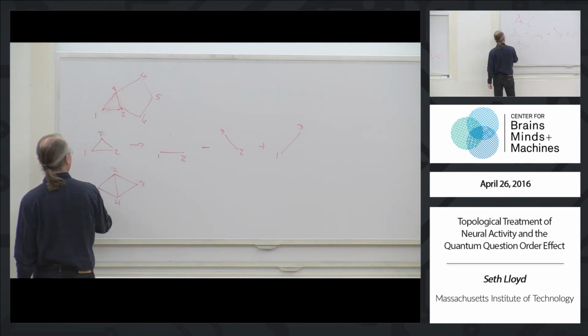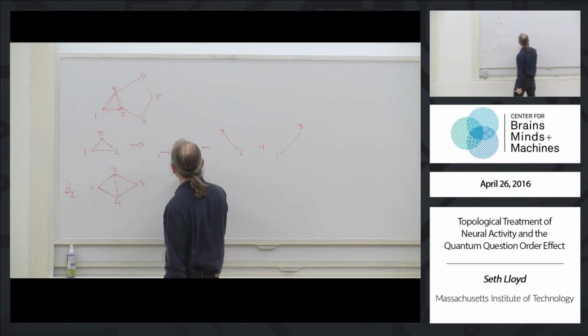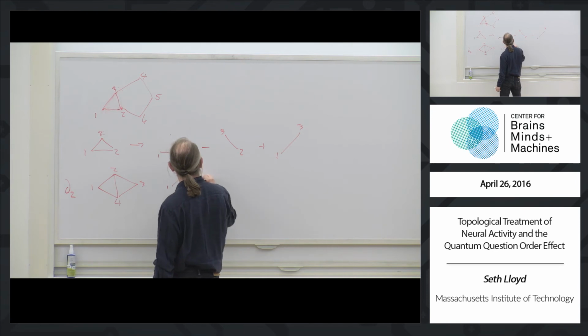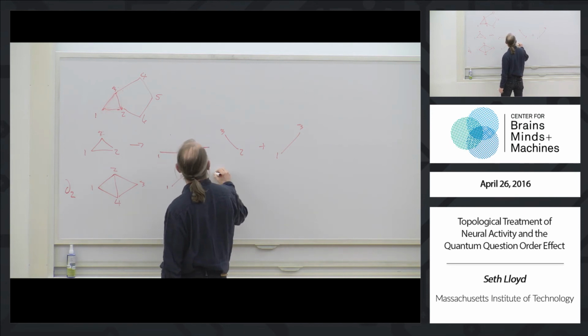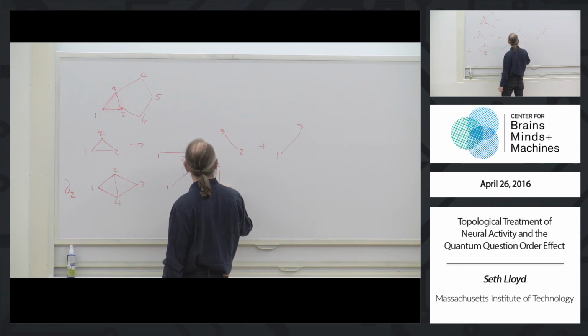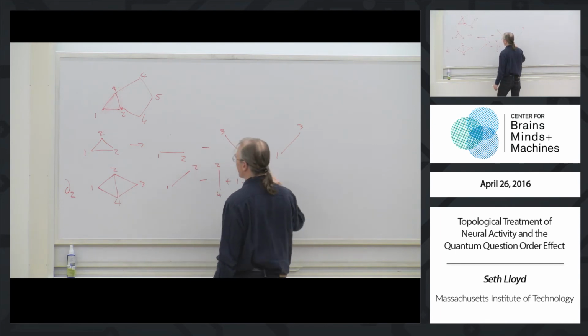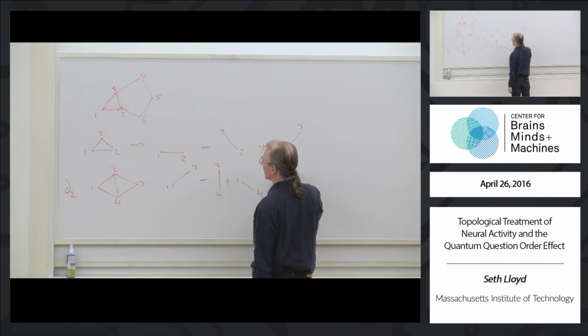So I take D2, apply it to this, and I get 1, 2, minus 2, 4, plus 4, 1, and I get plus 2, 3.